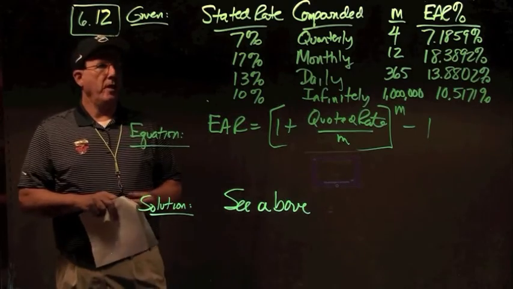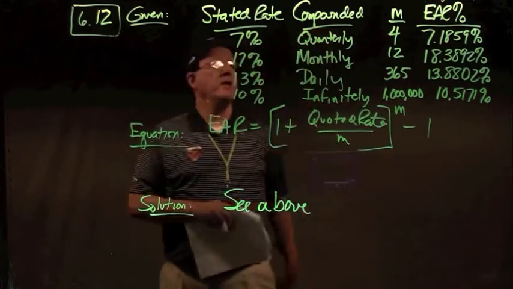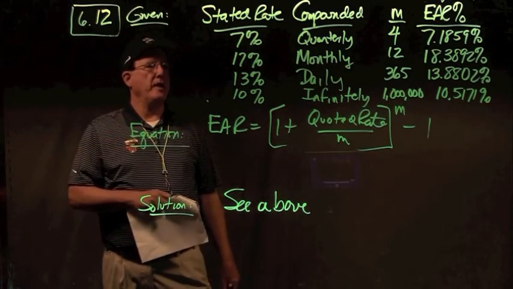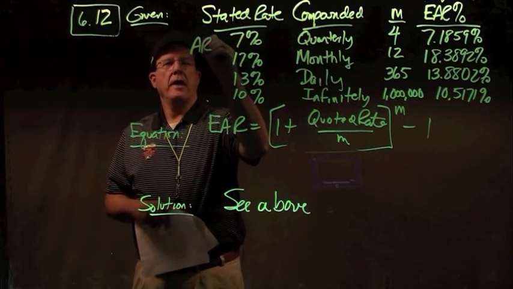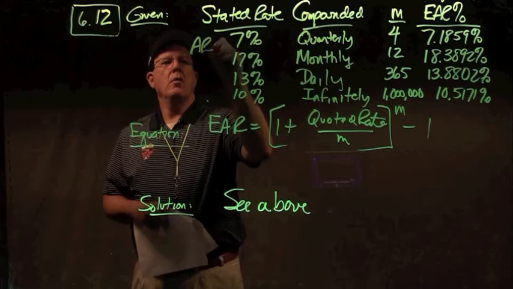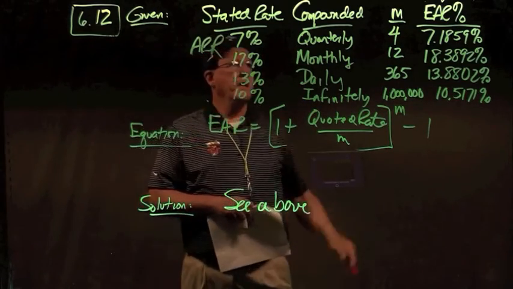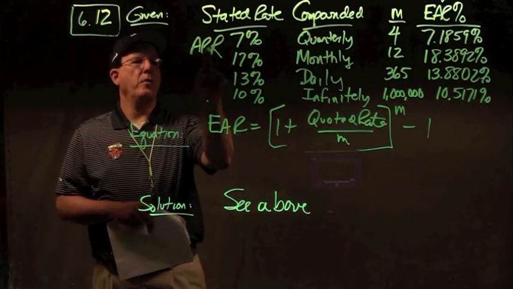In problem number 12, we're going to calculate the EAR, effective annual rate, where we have different compounding periods. Typically the bank is only required to give you the APR, or the stated rate, 7% compounded quarterly. What is the effective annual rate if it's compounded more than once per year?